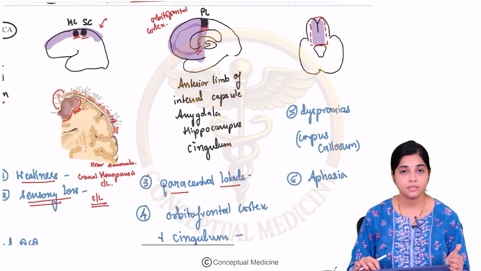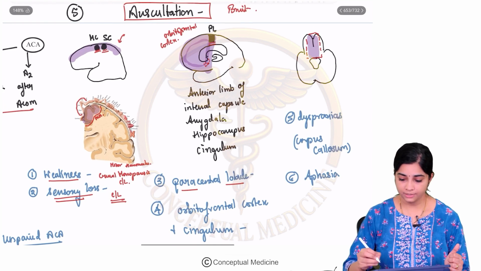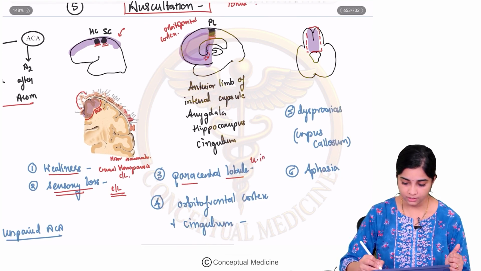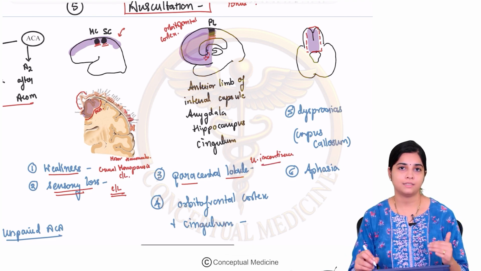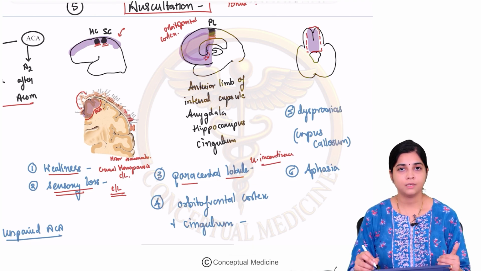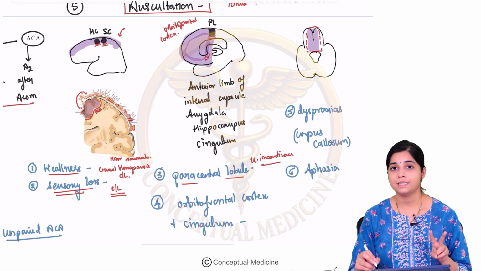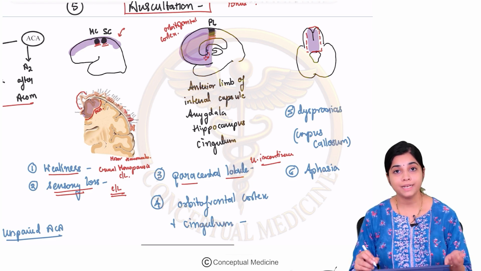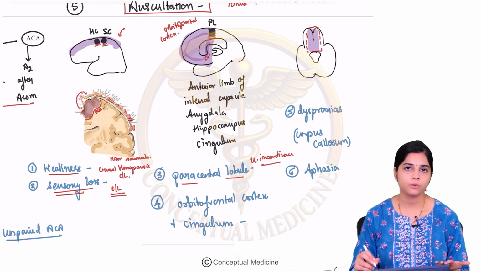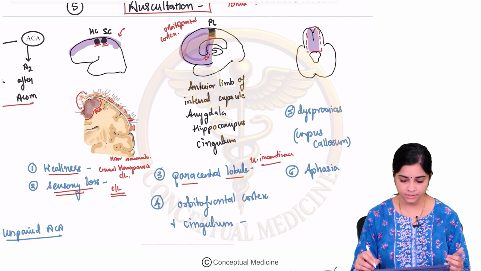So there is loss of bladder control, and you can have urinary incontinence in your ACA territory infarct because of involvement of the paracentral lobule. But we know that there are two ACAs. So if there is bilateral ACA territory involvement, more likely you are going to have urinary incontinence.